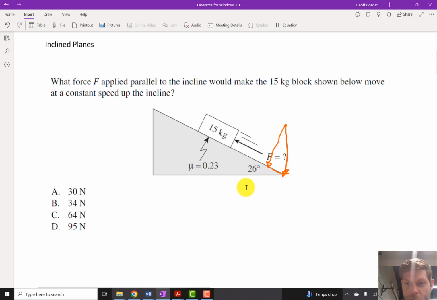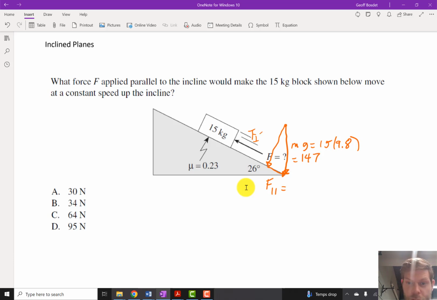So this is my hypotenuse. This is straight gravity. This is m times g, or 15 times 9.8. That will equal 147. Now I'm going to find a parallel to the slope component of gravity, which is trying to push things down slope. And I'm going to solve for a perpendicular to the slope component, which is trying to shove it into the slope.